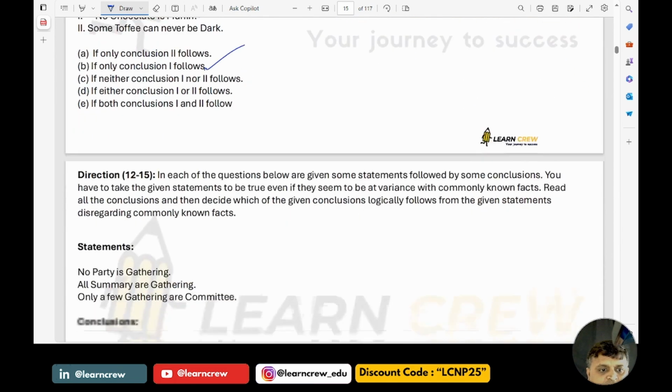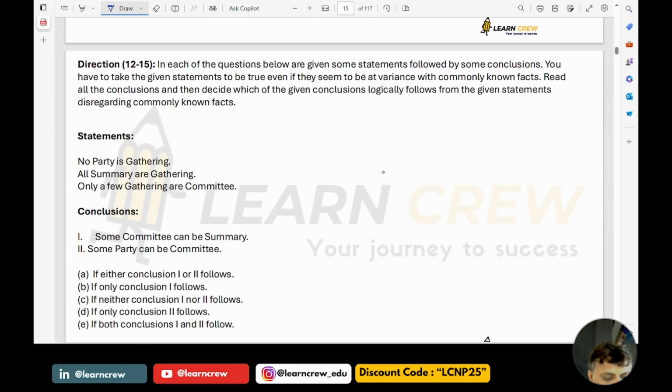Now 13th one. No party is gathering. All summary are gathering. Only a few gathering are committee. Now, some committee can be summary.